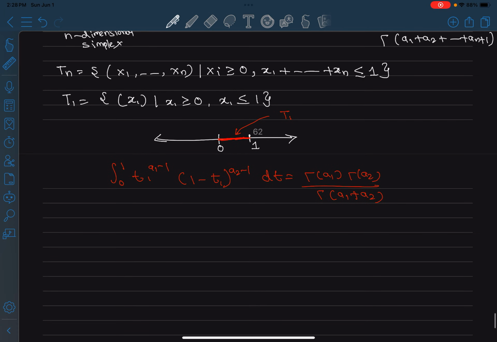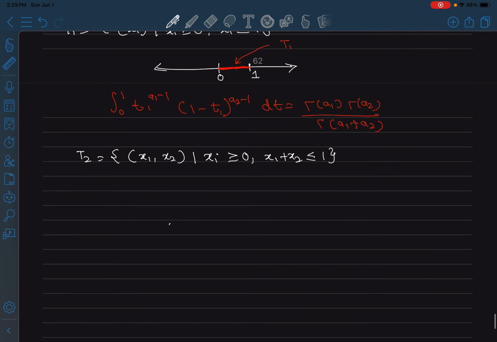So now, for two dimensions, our T2 will be defined as the set of coordinates x1, x2, such that all these xi's are greater than or equal to 0 and x1 plus x2 is less than or equal to 1, right? Now let's take a 2D coordinate system, and this is the origin. We want the coordinates to be positive, but also restricted by the fact that their sum should be less than or equal to 1.